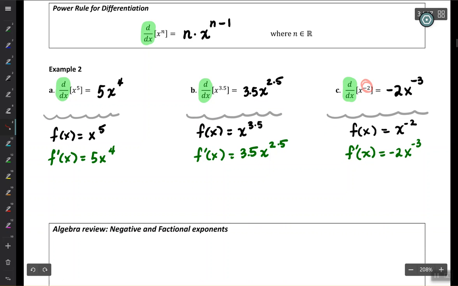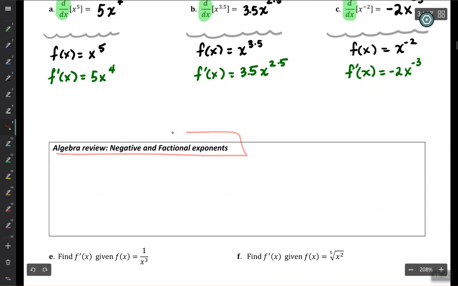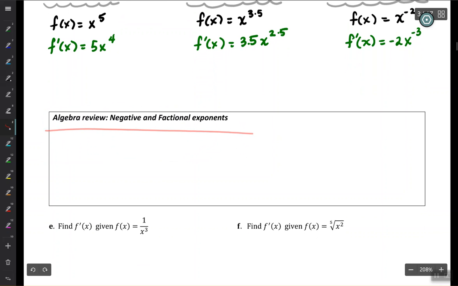Now, a little bit of algebra review. To use power rule, we actually like having those negative exponents. We also like having fractional exponents. This is not a derivative rule, but let's just review negative exponents and fractional exponents.